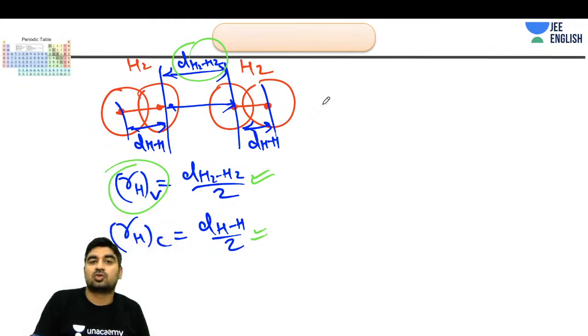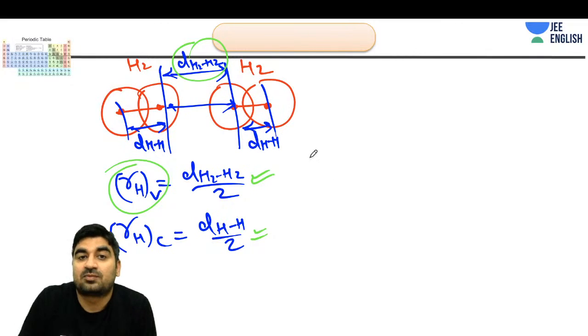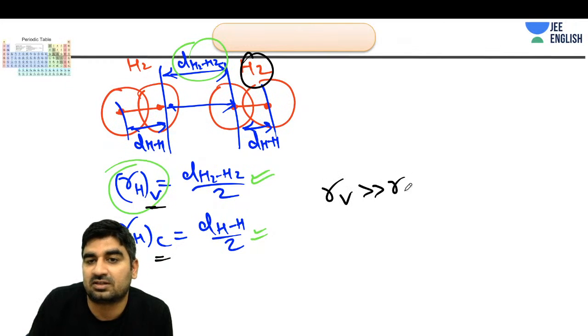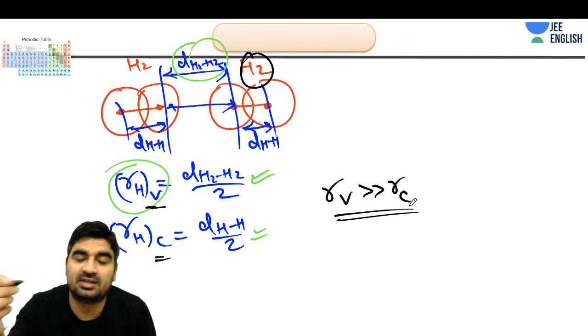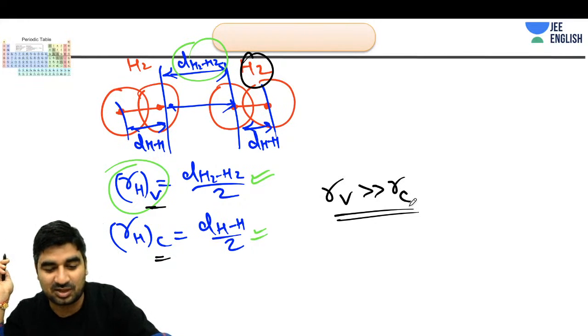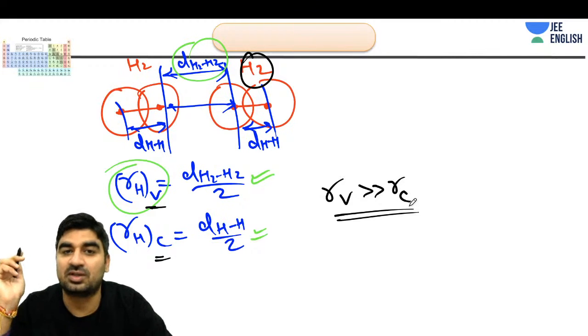When we are talking about hydrogen, if we are measuring the van der Waals and the covalent, van der Waals will always be greater than the covalent because the way these are measured is different. So now these are all the points which I wanted to discuss with you guys.